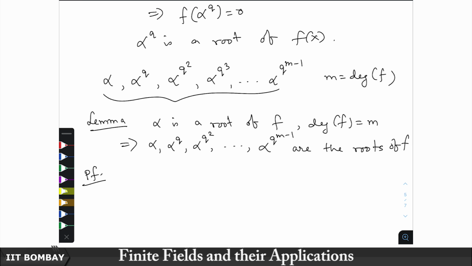So, we know that the field obtained by adjoining alpha to F q is F q power m, which means that the degree of extension is m.